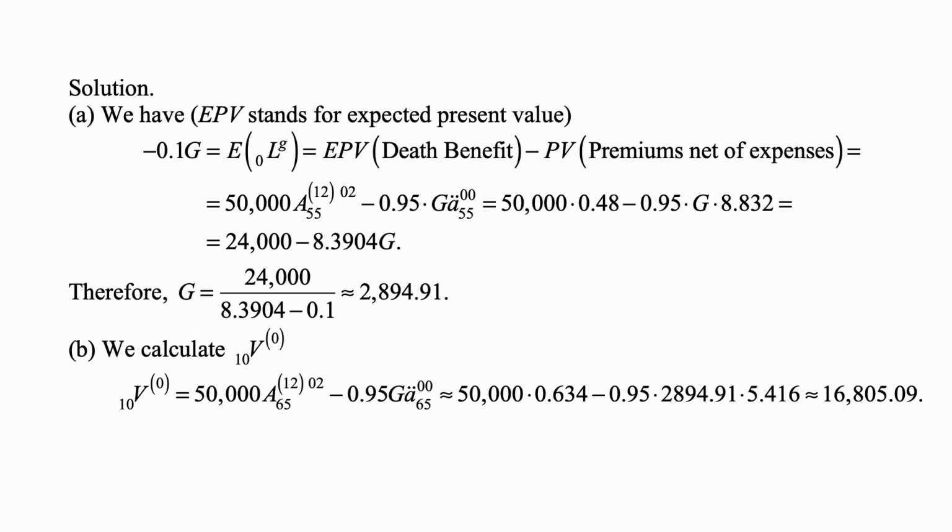That's 50,000 times 0.634 minus 0.95 times 2,894.91 times 5.416. That's from the calculation of the premium, how we know that's 2,894.91. We just calculated it. And the other numbers are given in the problem. And this is approximately 16,805.09.